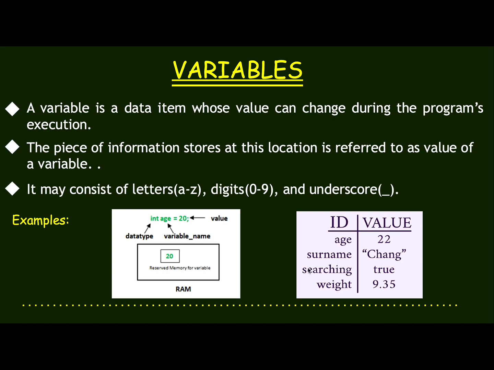Searching is also a variable name. Weight is also a variable name. Height is also a variable name. But each time you are searching for someone's age, it might change, per the definition here, which states that the values can change during the execution of the program.